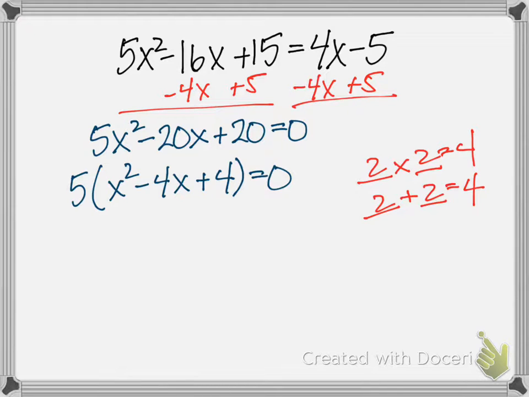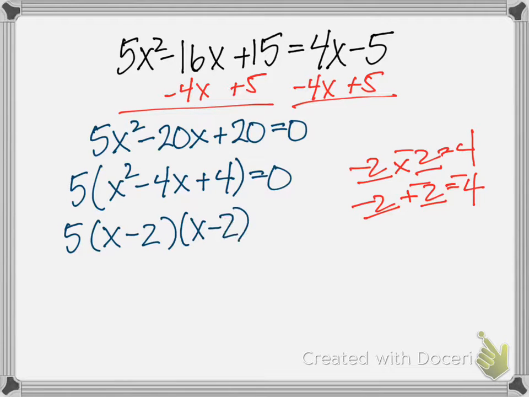So my two factors are x, and I really should have a negative 4 over here, right? So my factors make a little more sense. So we have x minus 2 and x minus 2 equals 0. So now I set all my factors equal to 0.